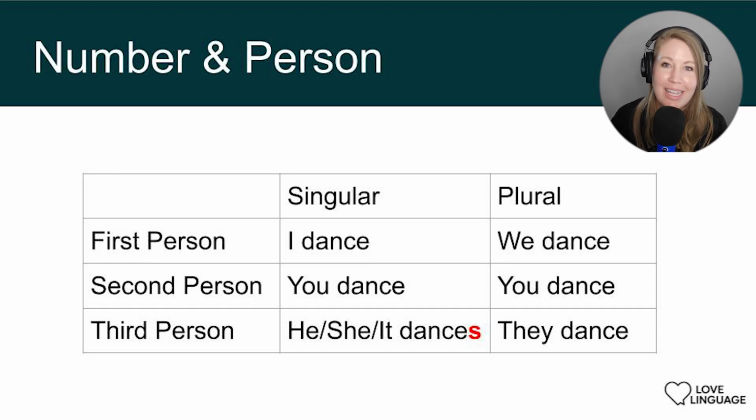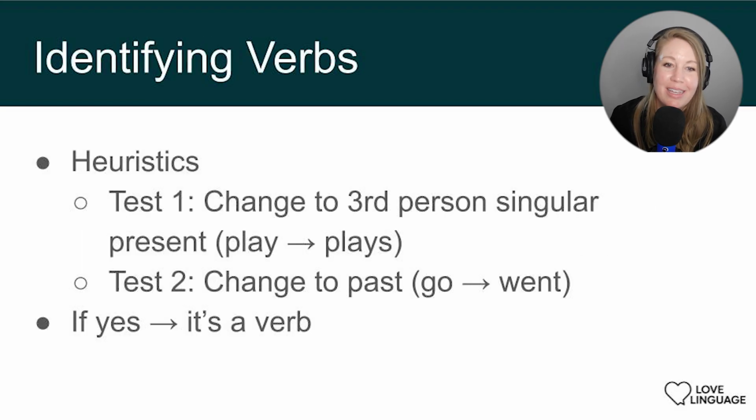That's why we say he dances, she dances, it dances, but everything else uses dance as the verb form. The S ending in dances is how English signals that third person singular present. For all other persons and numbers, the verb form stays the same.